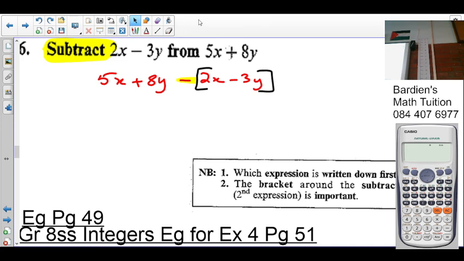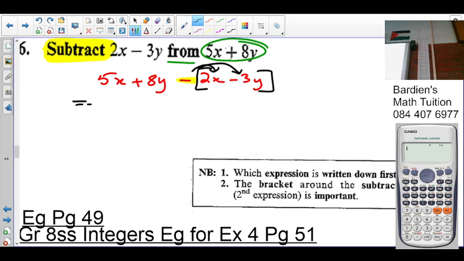So now we're going to make it a rule: whenever you see the word from, you underline it and you write whatever follows it first. You'll hear me say that often. That operation must be done first. You guys understand? Yes.